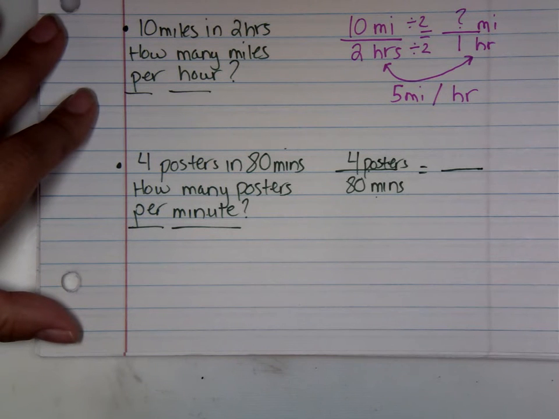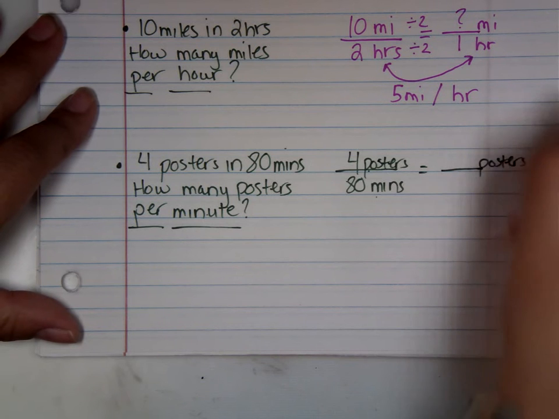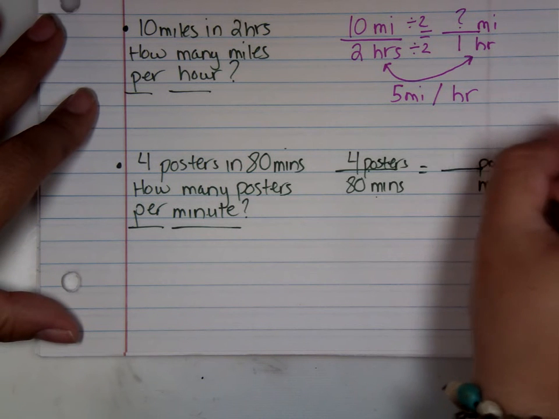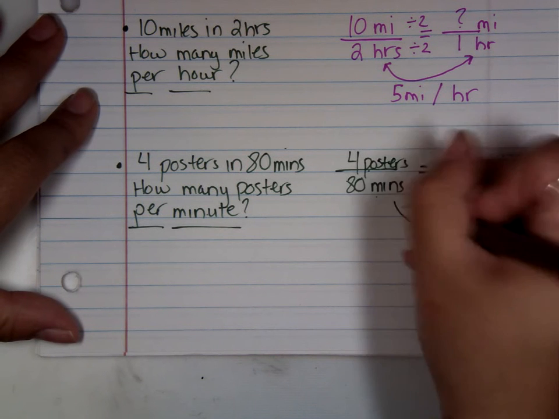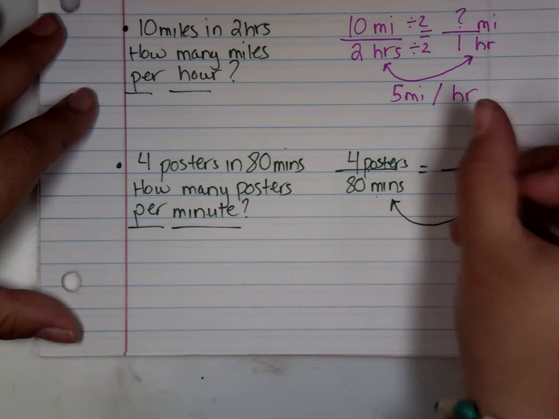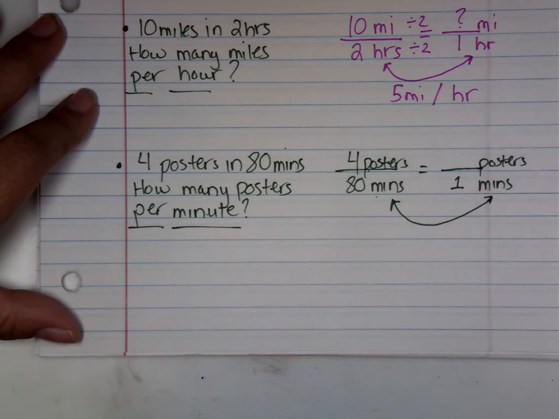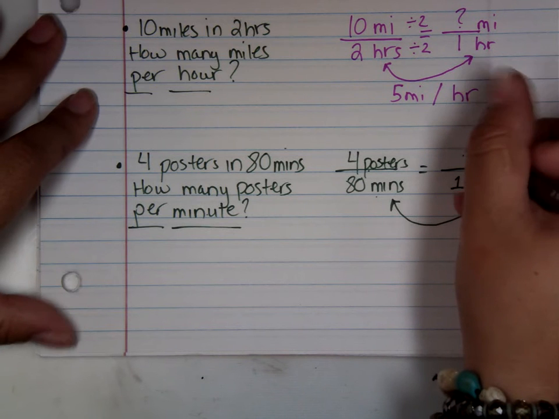Remember, posters goes with posters, so I can go ahead and write that over here. Minutes will go with minutes. I'm keeping my units together. And we are trying to figure out how many posters we can make in 1 minute. We can put a question mark in our blank spot, or we can leave it blank. This one I'll just leave blank.